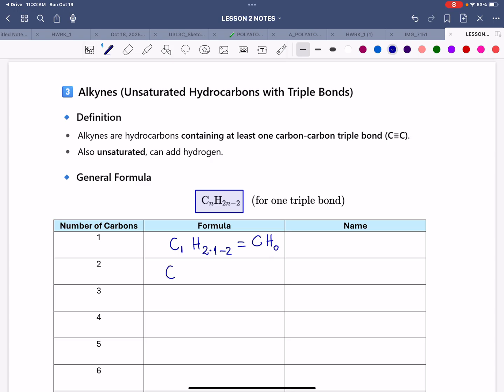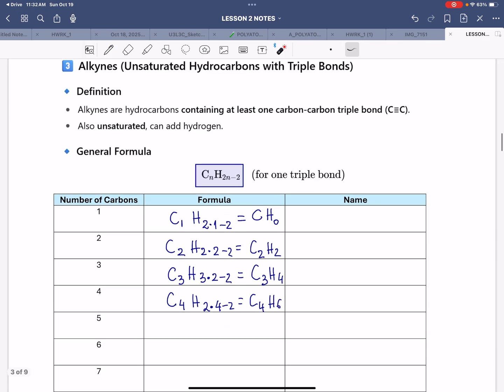So next we're going to go with C2, H 2 times 2 minus 2. So that will make C2H2. C3, H 3 times 2 minus 2, that's 6 minus 2, 4. So C3H4. C4, H double of 4 minus 2, that will make 6, so C4H6.